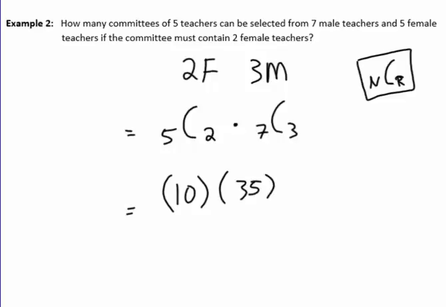And then, fundamental counting principle, multiply those 2 values together, we get 350 ways that could occur. The important thing about a combination is order doesn't matter. So we use nCr instead of nPr. And we're going to do a number of questions like this and apply this in class.